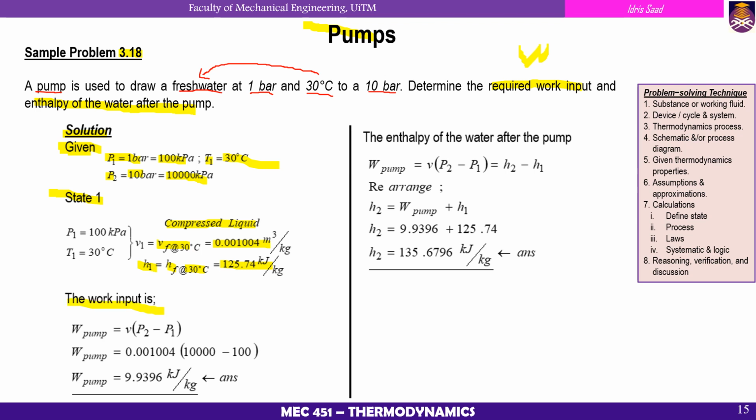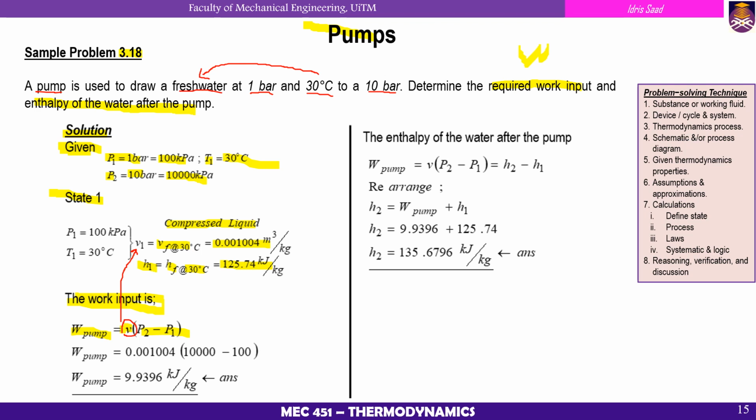Then we can calculate the work input. Work pump is equal to the specific volume times the pressure difference, P2 minus P1. In this case, we use the value of specific volume at state number 1. This is because our assumption is that specific volume at state 1 is almost the same as specific volume at state 2, due to the incompressible process.